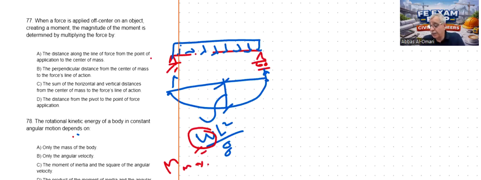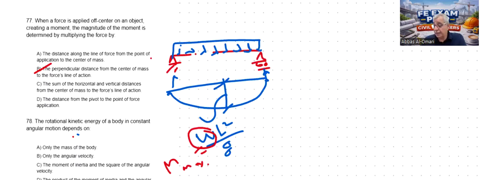The distance along the line of action from the point of application to the center of mass is not accurate. The perpendicular distance from the center of mass to the force line of action is the correct answer. It should be the perpendicular distance. The other two choices are not correct. So the next question.